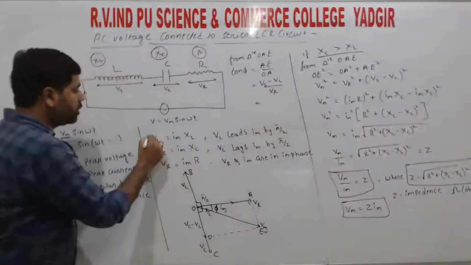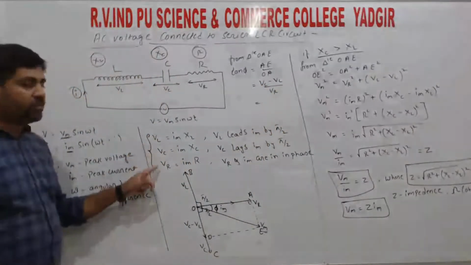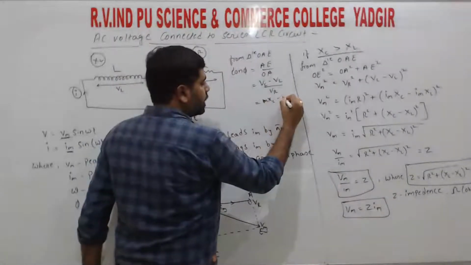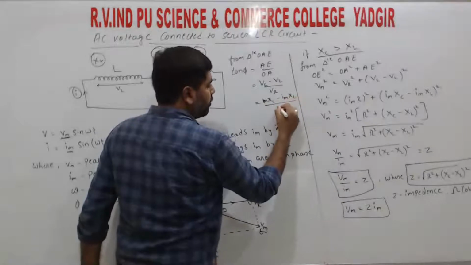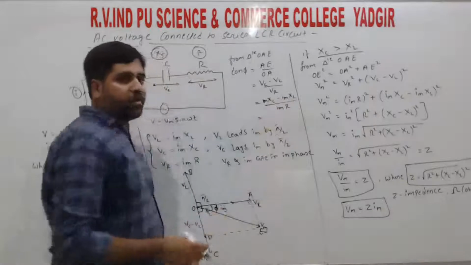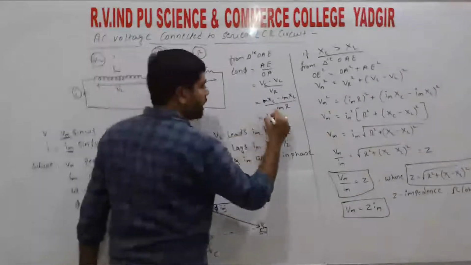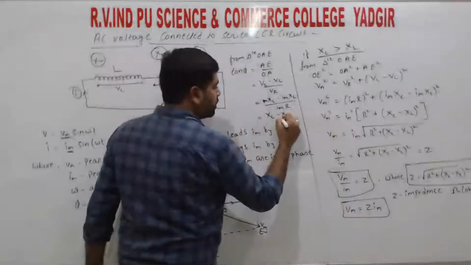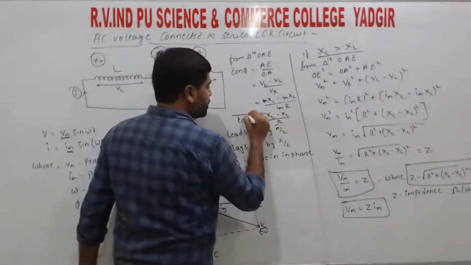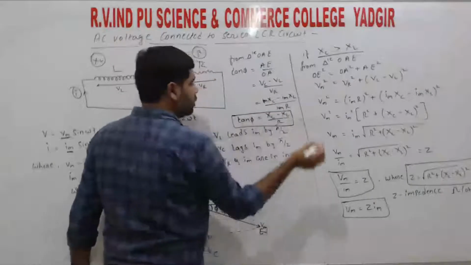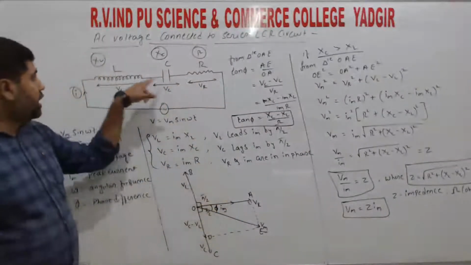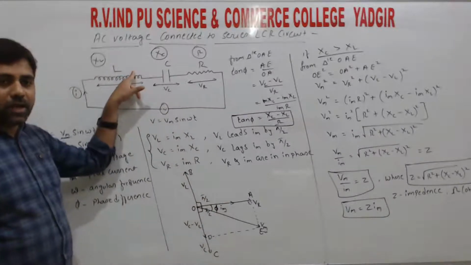So again substitute these values VL, VC, VR, right? So that is Im Xc minus Im XL divided by Im R. So in the numerator Im and in the denominator Im get cancelled. So we get Xc minus XL divided by R. So this gives the phase difference between the peak voltage and the current in the series LCR circuit, right?